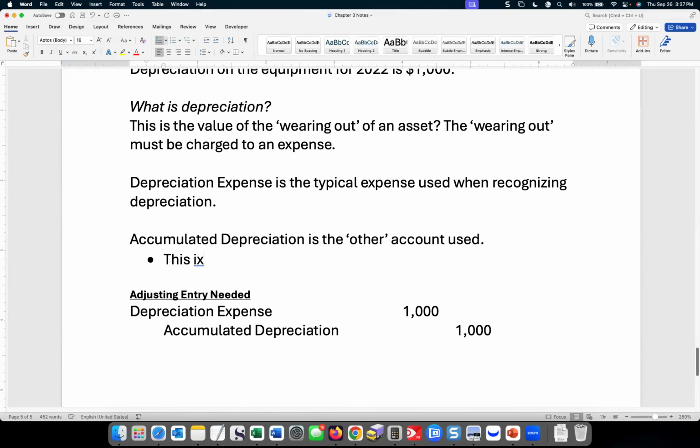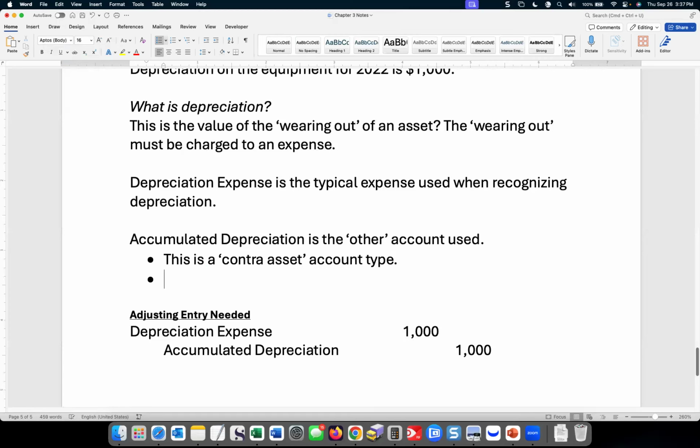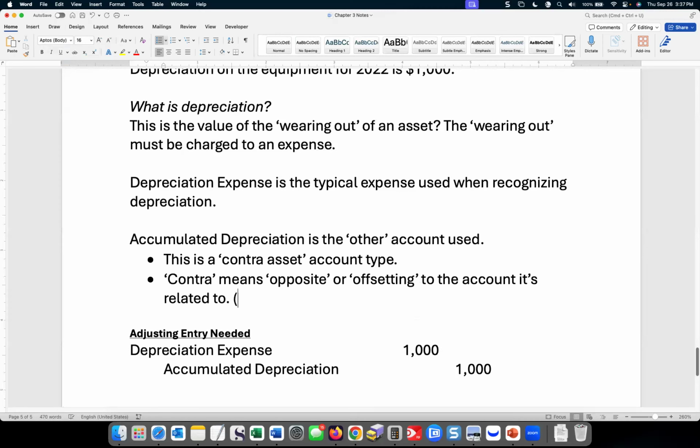This is a contra asset account type. All right, contra means opposite or offsetting to the account it's related to, which would be the asset account.